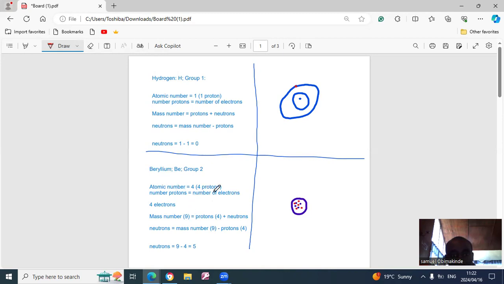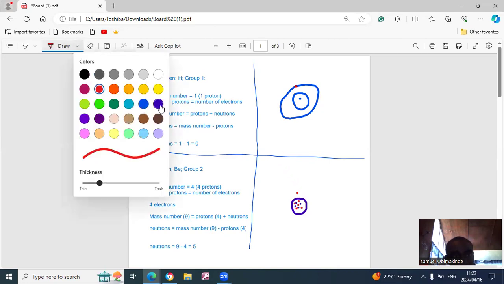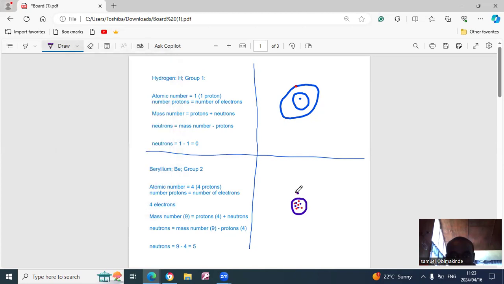Now, because the number of protons equals the number of electrons, you will have 4 electrons moving in a cloud around this beryllium nucleus, right? The confusing thing here is that the electrons occupy particular orbits. The first energy level, or the first shell, can only hold 2 electrons.